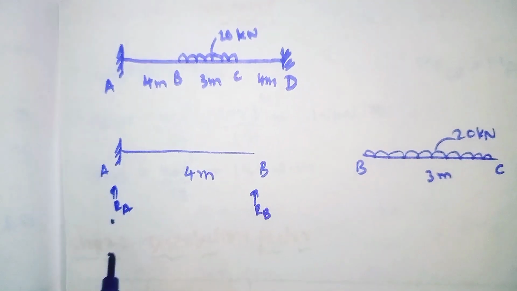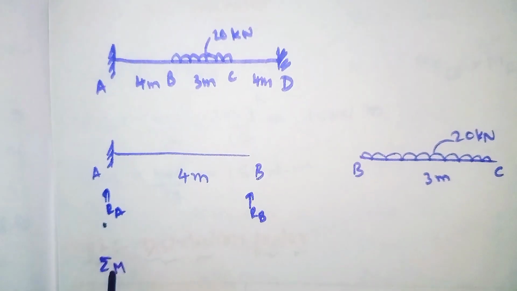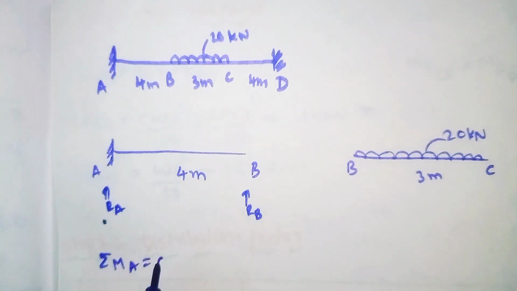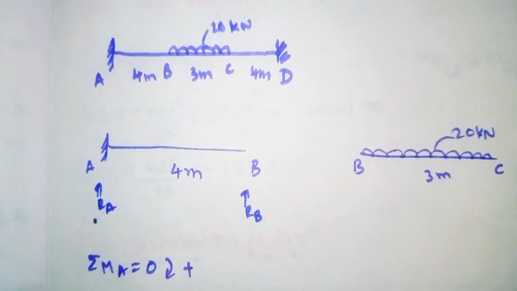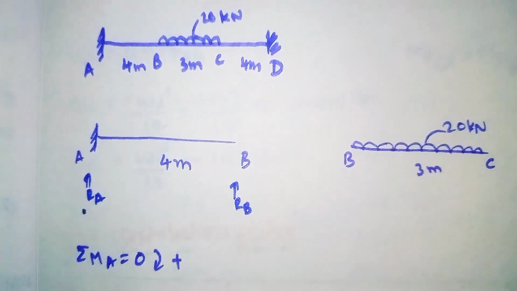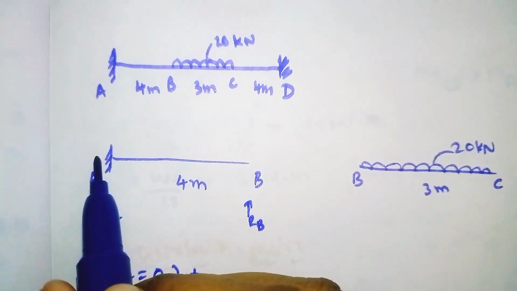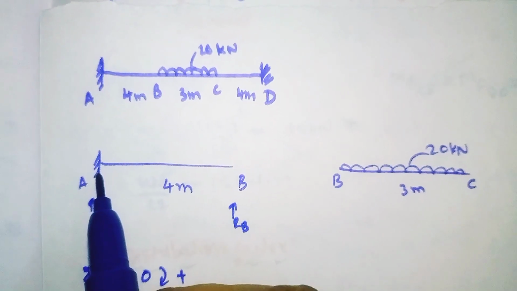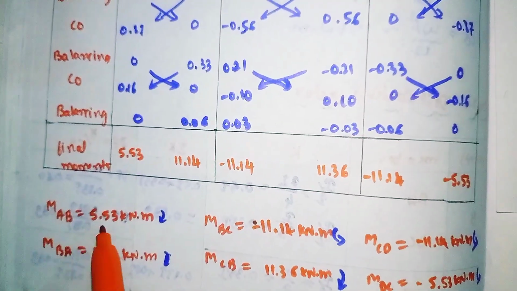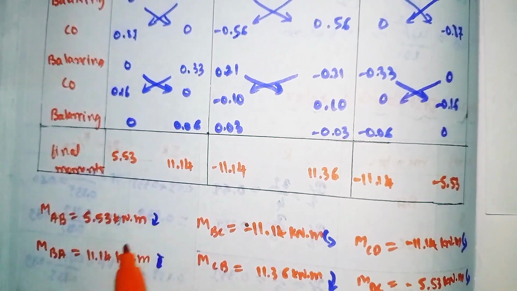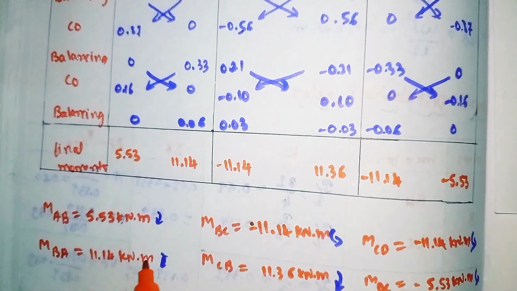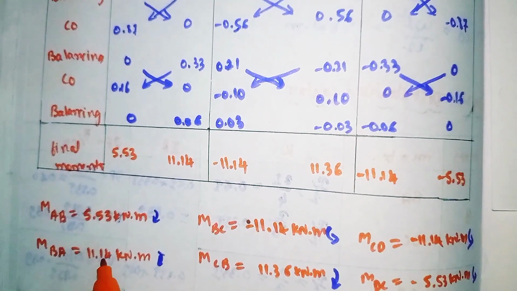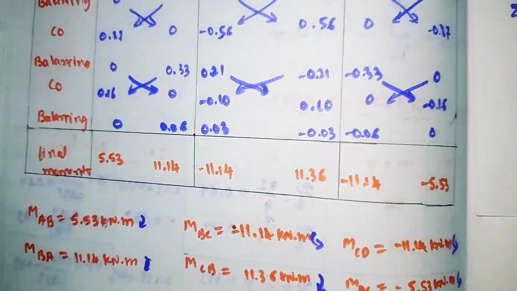So now apply the moment about A equal to 0. Clockwise is positive. So here, our moment for AB we got 5.53. See here, AB we got 5.53, it is clockwise, and for BA also we got 11.14, it is also clockwise.